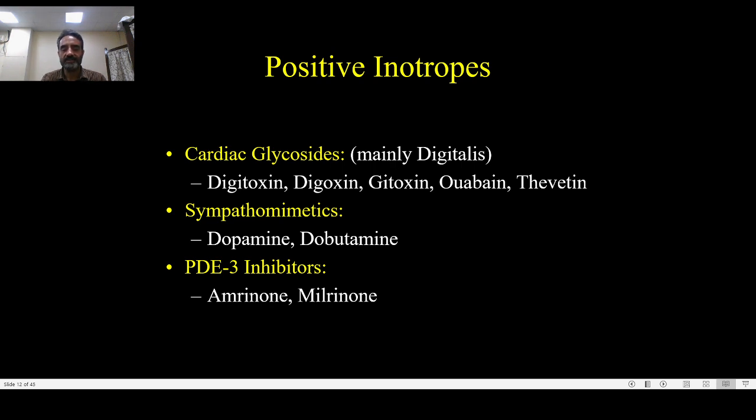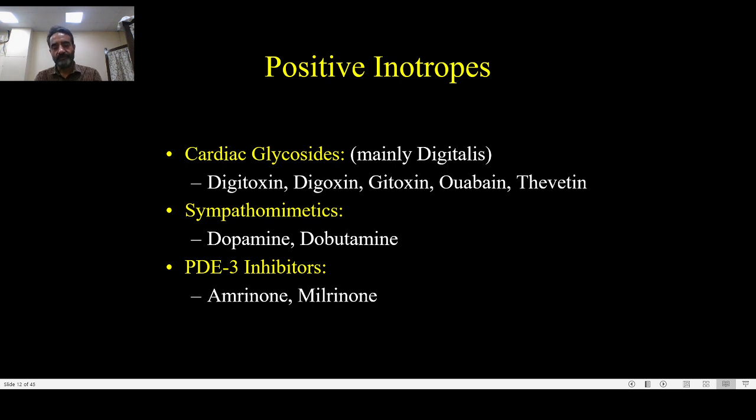So there are other drugs also, which are gitoxin, ouabain, and thevetin. So mainly digoxin is used out of these number of drugs. Then sympathomimetics, there is dopamine, there is dobutamine.